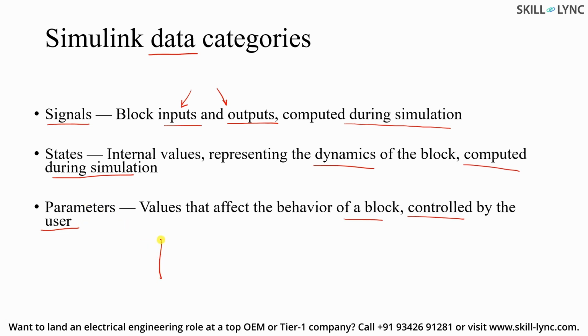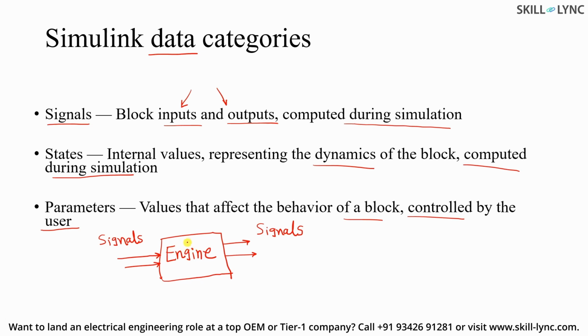So for example, let's understand the meaning of all these things. Let's say we have taken a block in Simulink which represents an engine, and there are multiple inputs and multiple outputs. All these are called signals. The inputs are called signals, and the outputs are also signals.